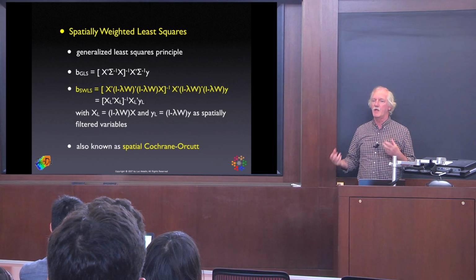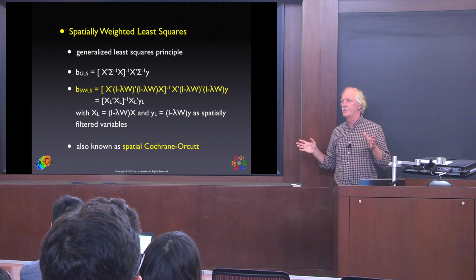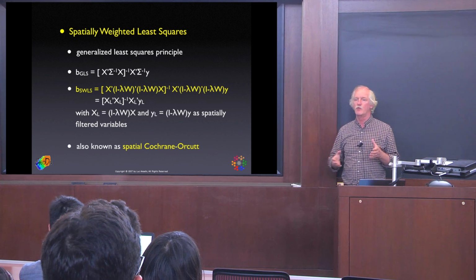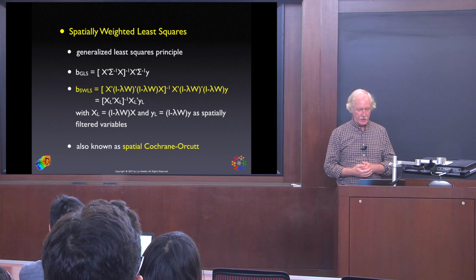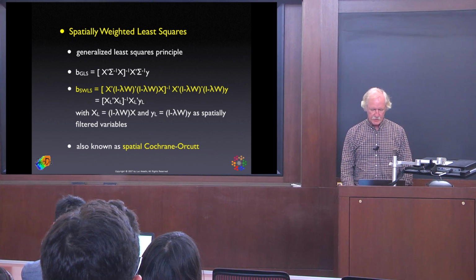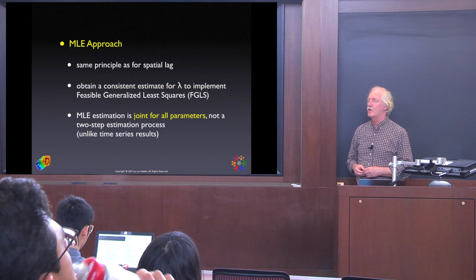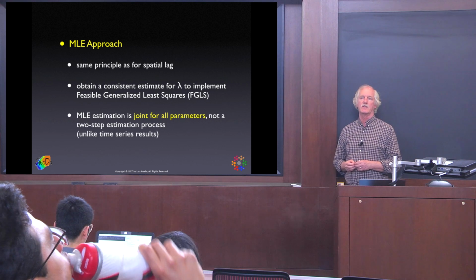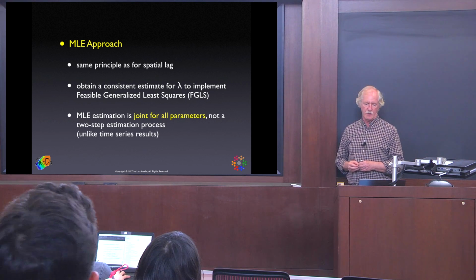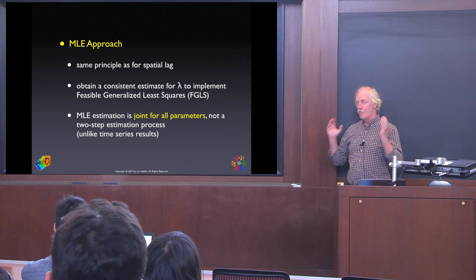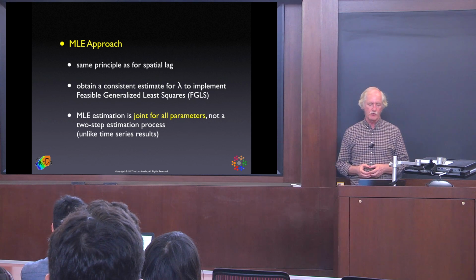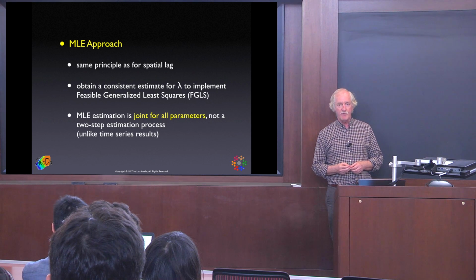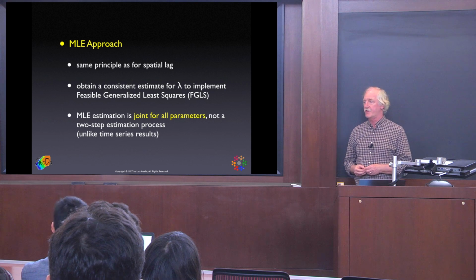So with lambda in hand, we're in business. The question is, how do we get lambda? Unlike what is the case in time series, we cannot get lambda as a straightforward second step least squares regression. And we have to go full bear. So we have to do a full parametric specification.